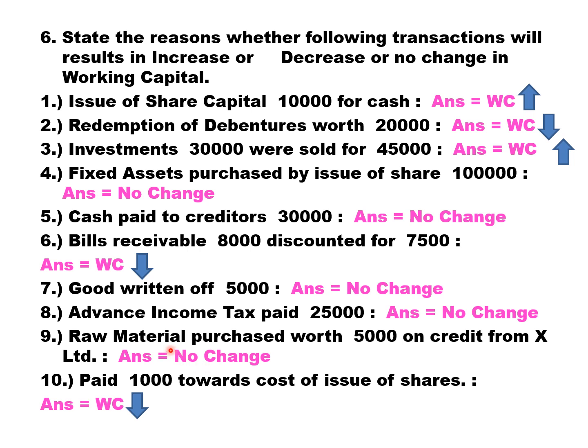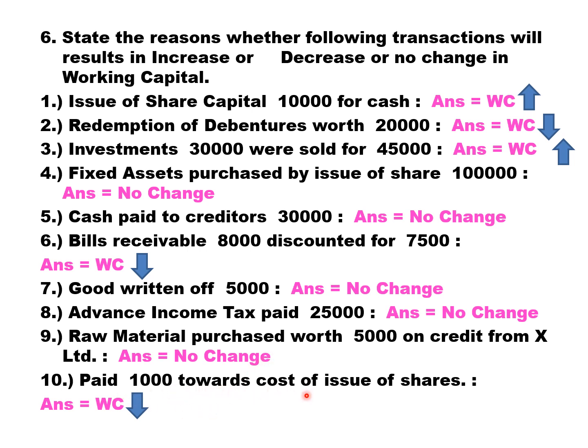Raw material here we mean stock. So when you purchase stock on credit, the transactions are stock account and creditor's account, because you purchase on credit, not for cash. So it's a transaction between the stock and the creditor. Both are current. Stock current asset, creditor current liability, no change.